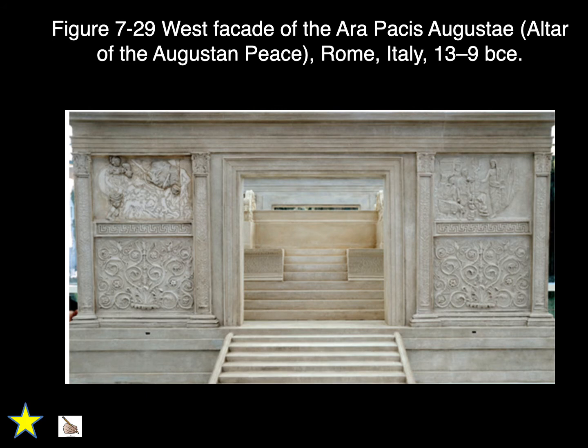West facade of the altar of the Augustan Peace, Rome, Italy, 13 to 9 BCE. Augustus and other members of the ruling elite regarded the arts as a key instrument and demonstration of Roman power throughout the world.